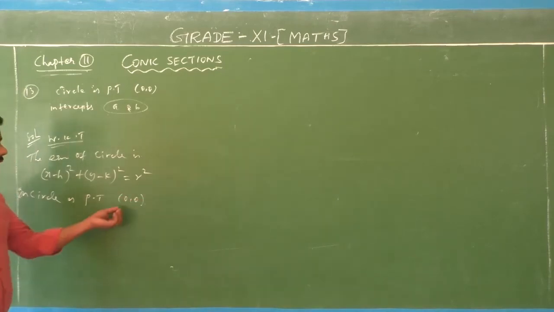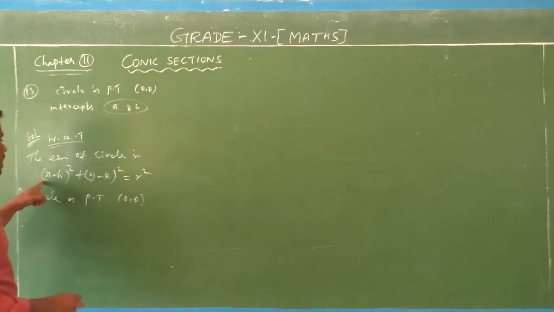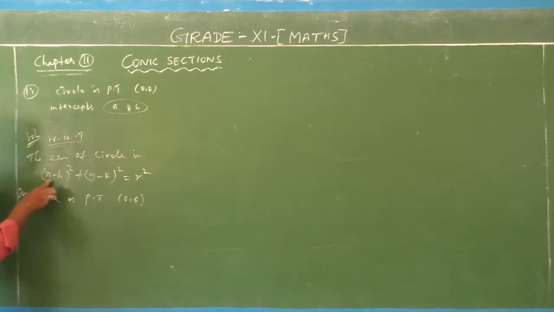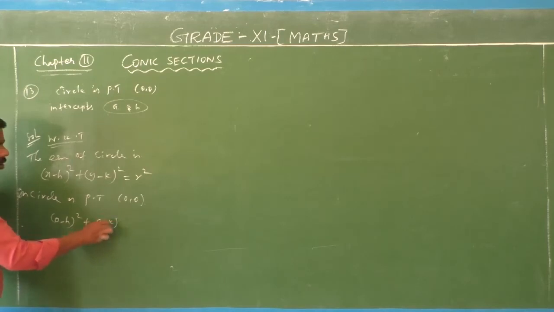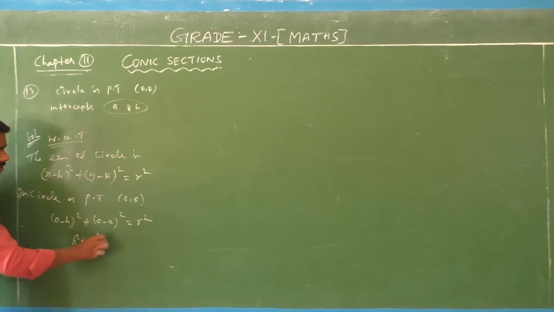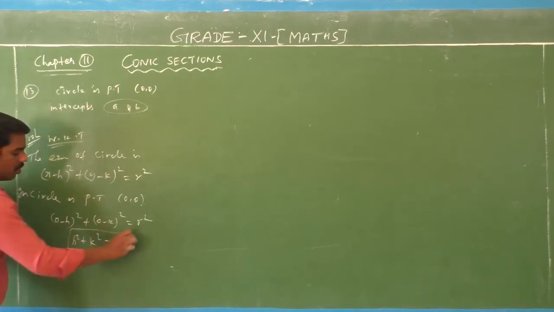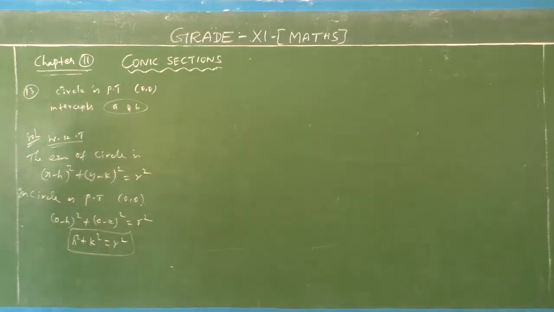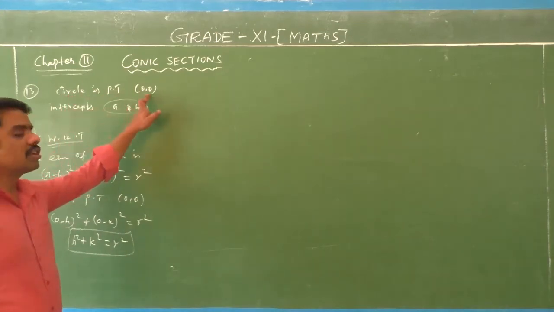So x comma y is (0, 0). Substituting in this equation: (0 minus h) the whole square plus (0 minus k) the whole square equal to r square. That is h square plus k square equal to r square. So r square equals h square plus k square when the circle passes through (0, 0).